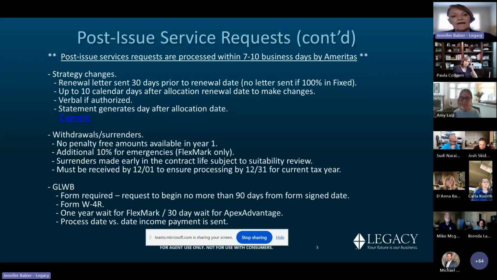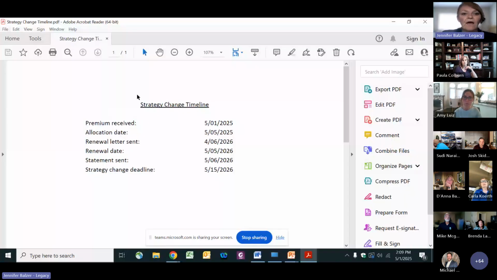And then as a reminder, the statement generates the day after the allocation date. I just wanted to take another moment to chronicle the timeline here so that there's a better understanding, because this seems to be an area where we do get some confusion.